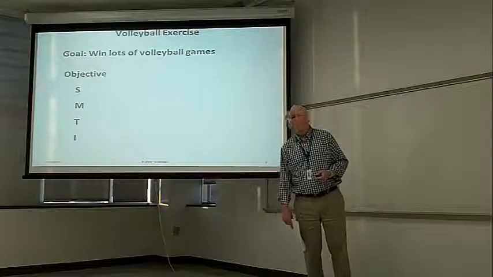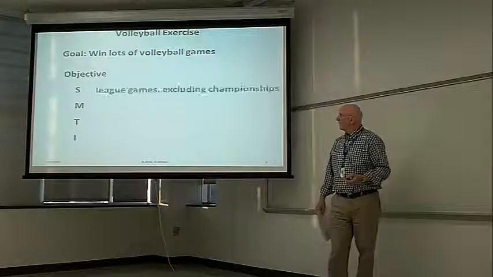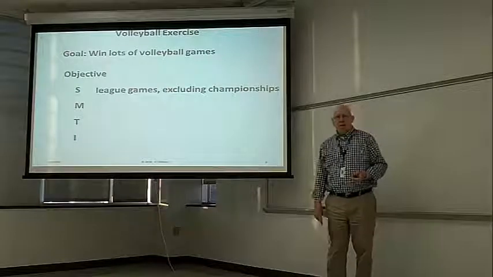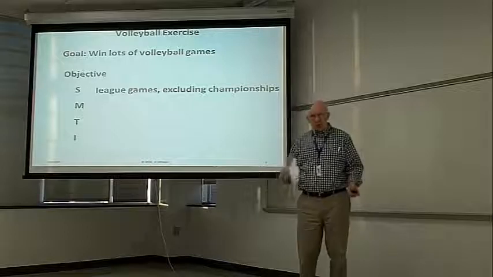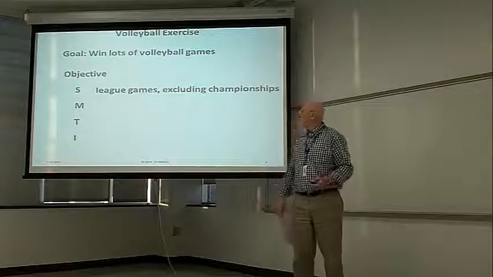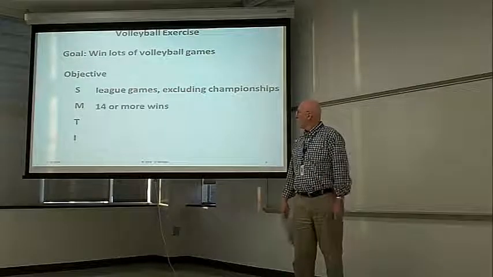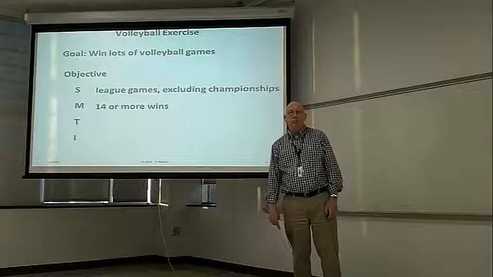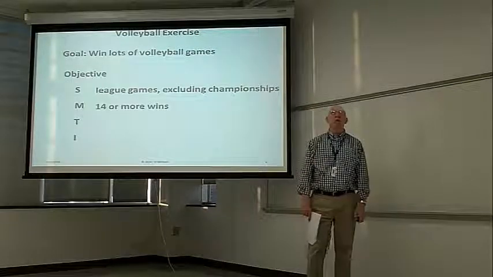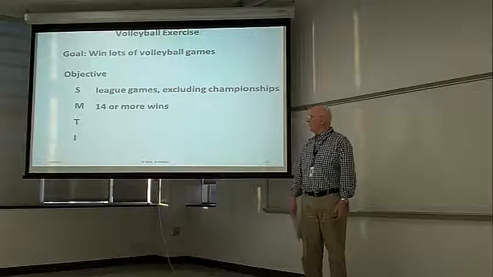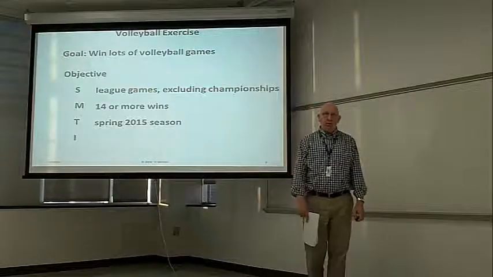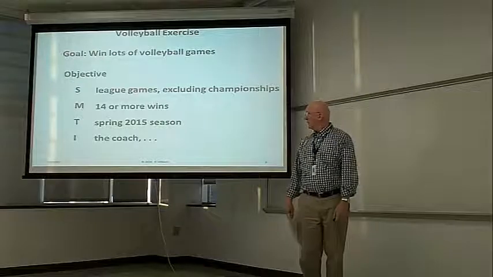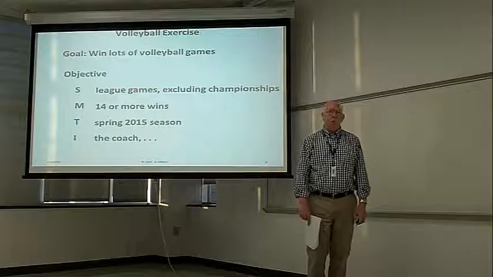Otherwise, here we go. Specific: league games. So not the championship games, the postseason games, just the regular league games. Measurable: win at least 14. Okay, we should be able to tell if we did that or not. The time frame, the spring 2015 season, and the individual responsible is the coach.